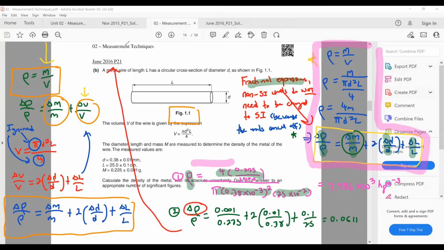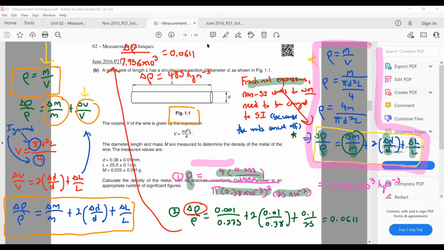Okay, so this one will be delta rho over 7.936 times 10 power 3 equals 0.0611. So delta rho will be 7.936 times 0.0611, giving me 485 kg per meter cube.